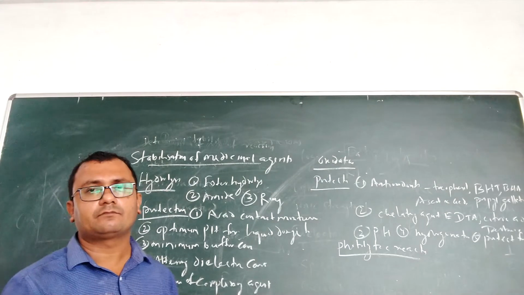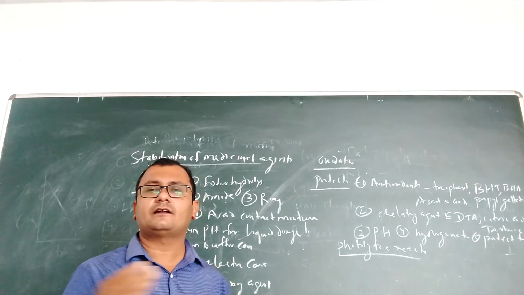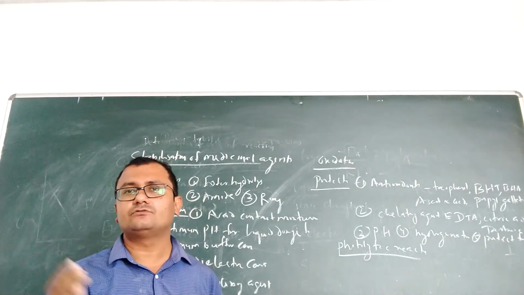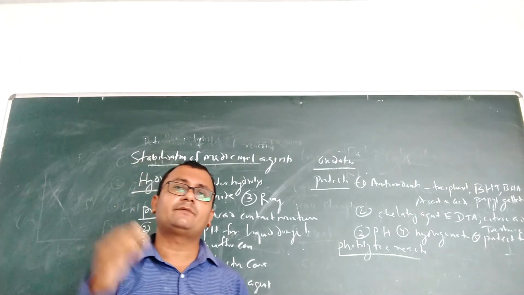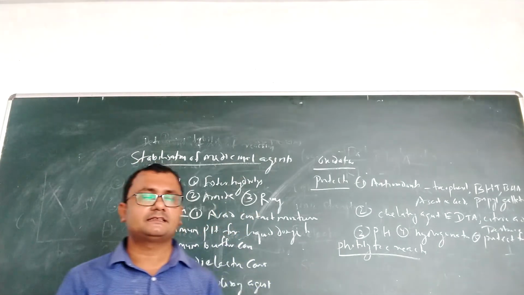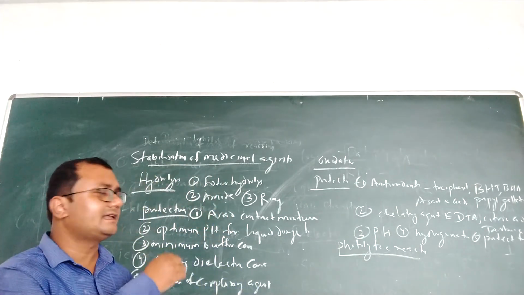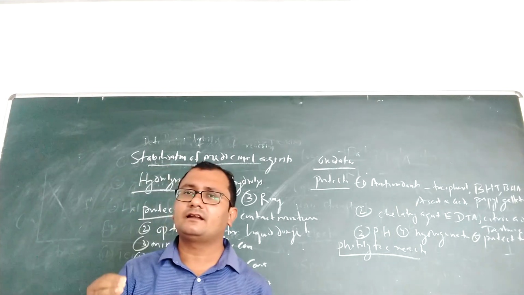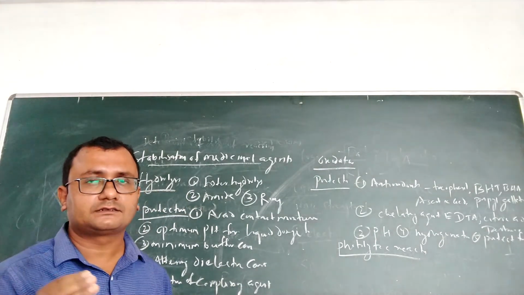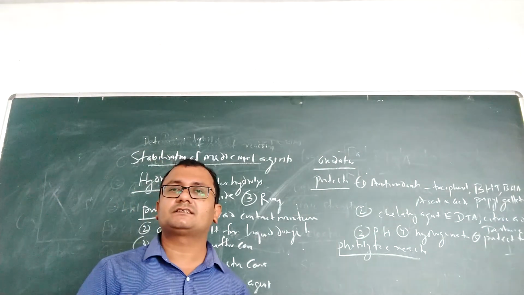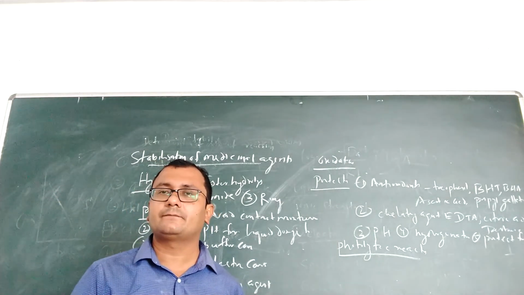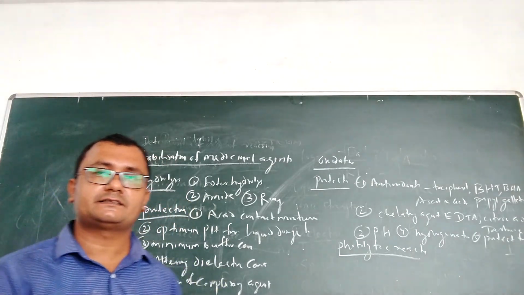We cannot use them for longer. Although the container may say we can use it for 2 or 3 years, it may decompose before that due to these factors. That's why we need to use these techniques to prevent decomposition of drugs. In the next class we will discuss stability testing and accelerated stability testing. Thank you.